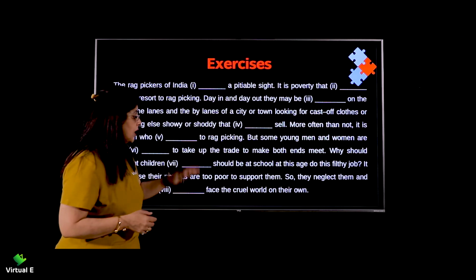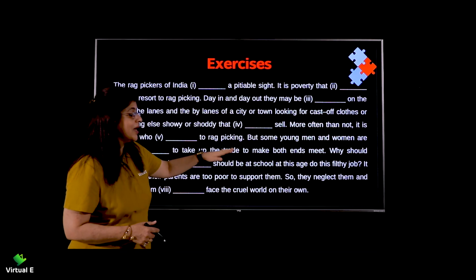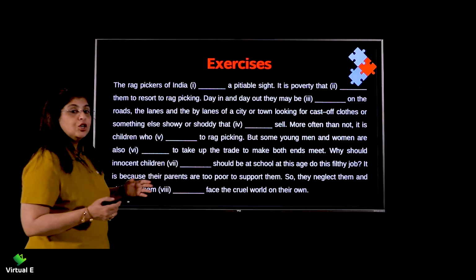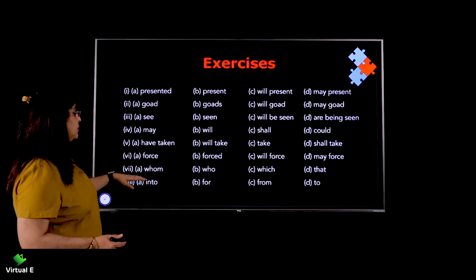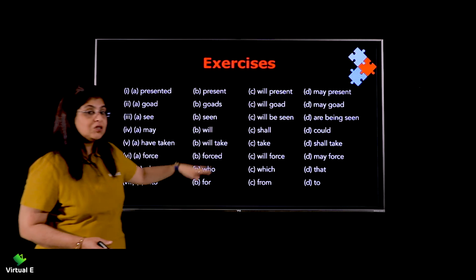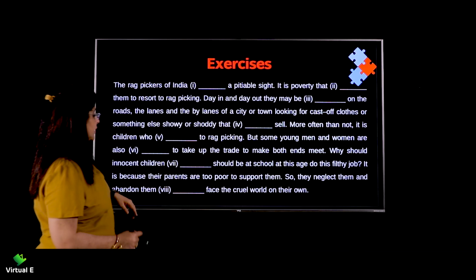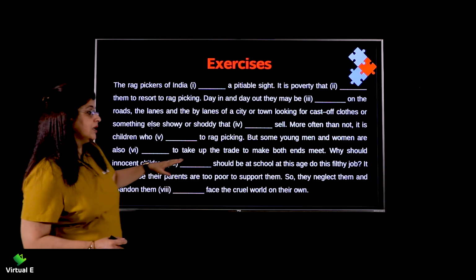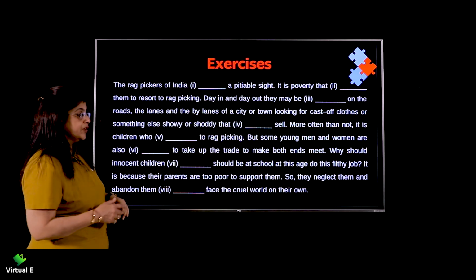They need money. Why should innocent children dash should be at school at this age do this filthy job? So what should be the options? Whom, who, which or that? Now because we are talking about children, it will be who, right? So, who should be at school at this age do this filthy job.